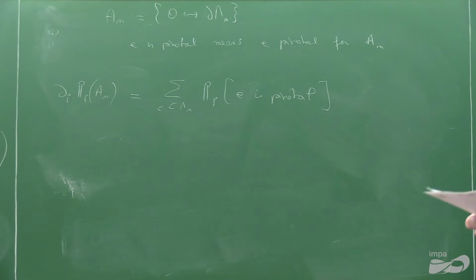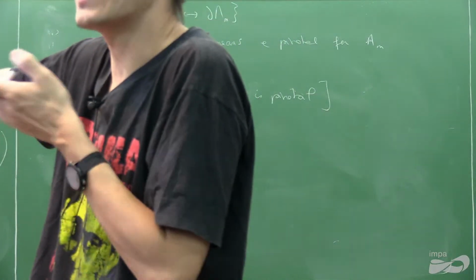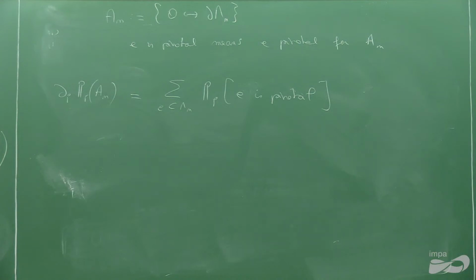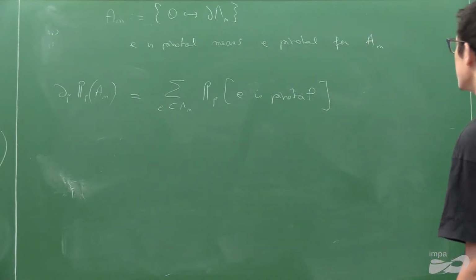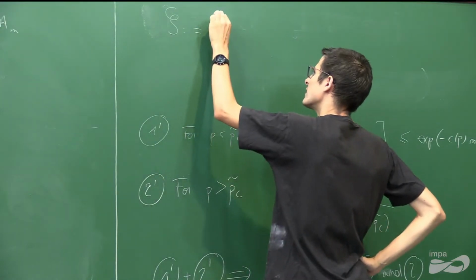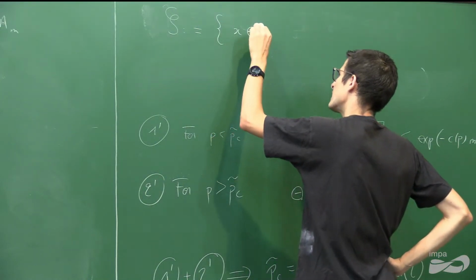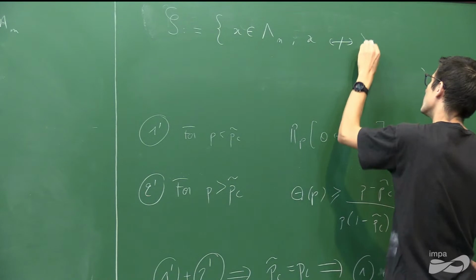Now I have to somehow introduce this set S. Basically, I'm going to introduce a random set, which is going to be the set of x's in lambda n such that x is not connected to the boundary of lambda n.